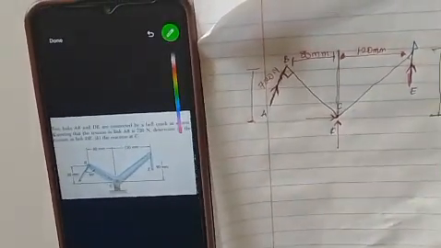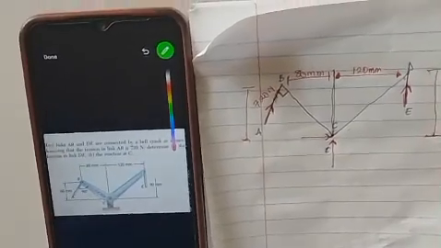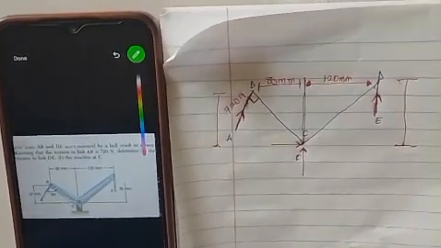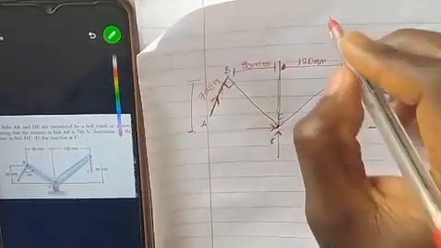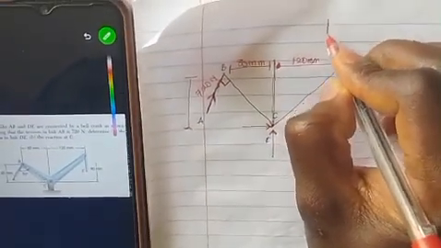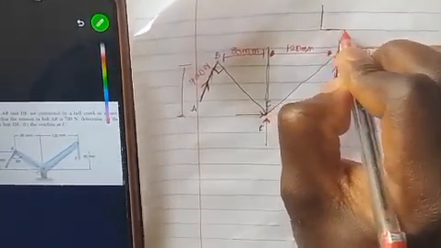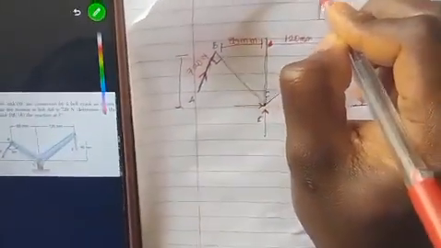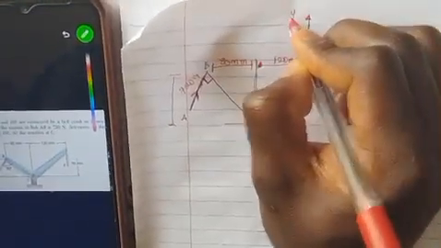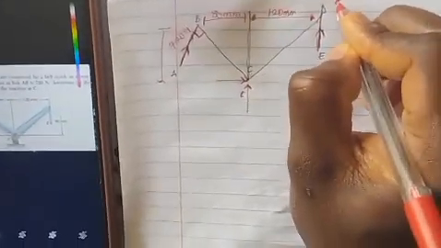Now, since I've drawn the free body diagram of this particular system, don't forget this is a 2D equilibrium question. Let me write out the way I'm going to be taking my axes. So let's say we are using this dimension, so this is my y, this is my x.